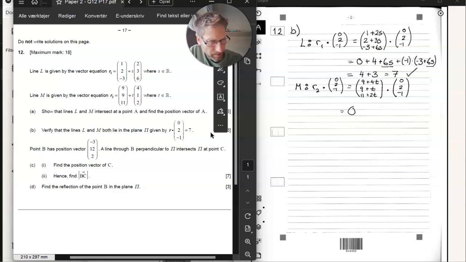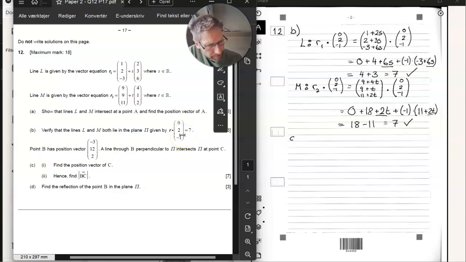We get 0, because it's 0 times the x-coordinate, plus 2 times the y-coordinate, that's 18 plus 2t, and then plus minus 1 times 11 plus 2t. And what is that? Well, the 2t and the minus 2t cancel out, and we get 18 plus minus 11, so minus 11, and what do you know? It's equal to 7. So we have verified that both lines, every single point on each of the two lines, fulfill the equation that the dot product with this vector is 7. So there we go.